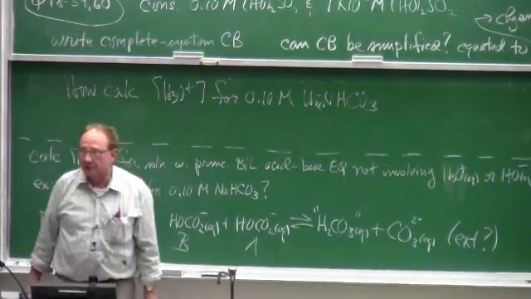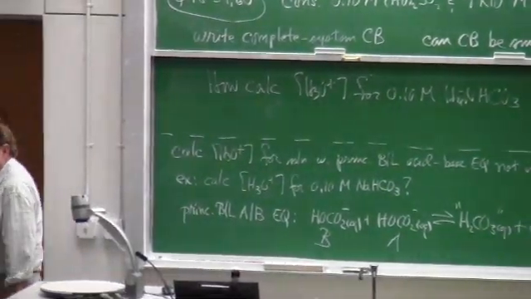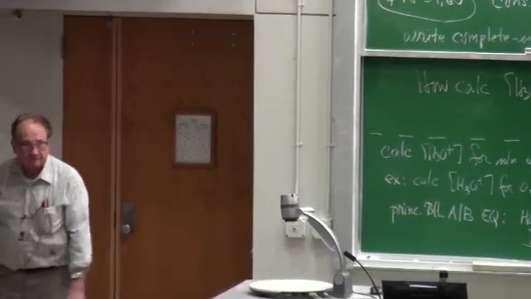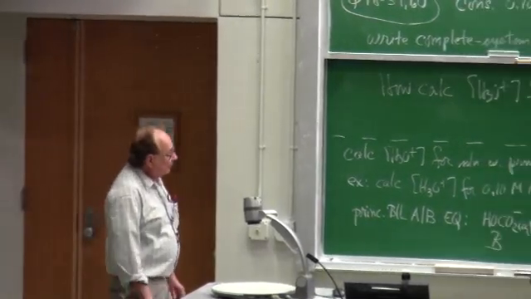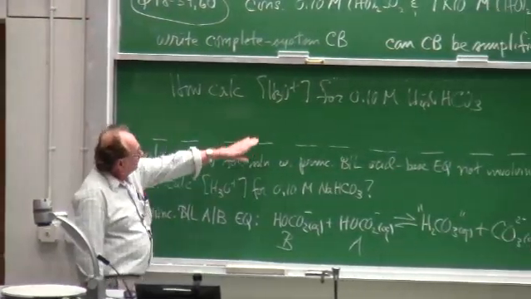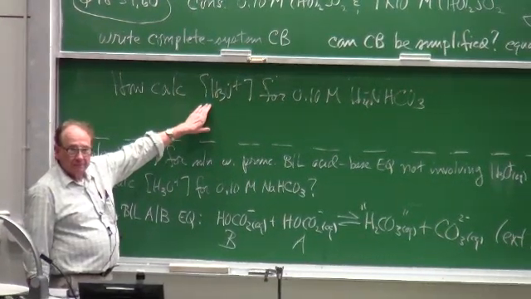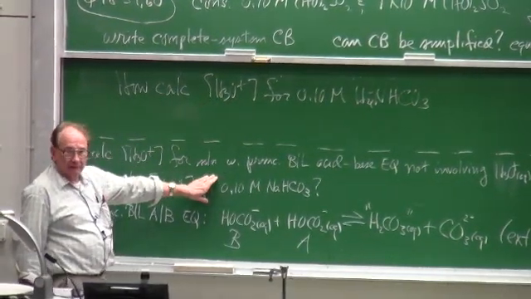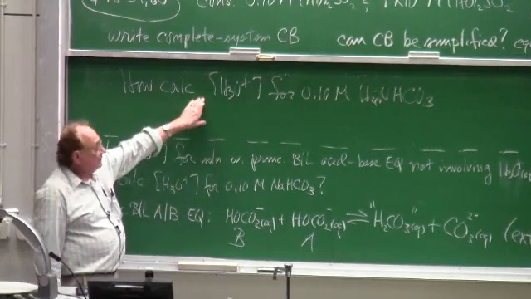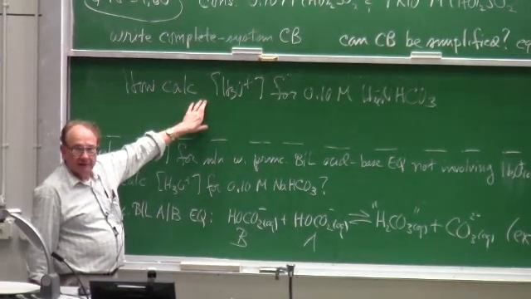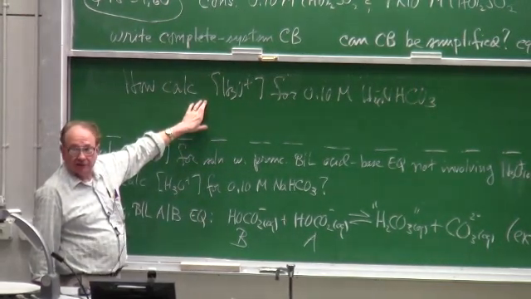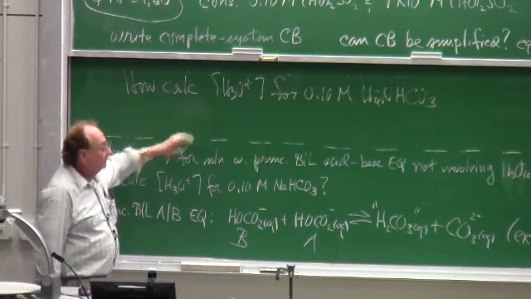Calculate the hydronium ion concentration for an ammonium bicarb solution. First, recognize that this solution is comparable to our bicarb solution because in this solution the principal Bronsted-Lowry acid-base equilibrium also is not a source of hydronium ion or hydroxide ion.